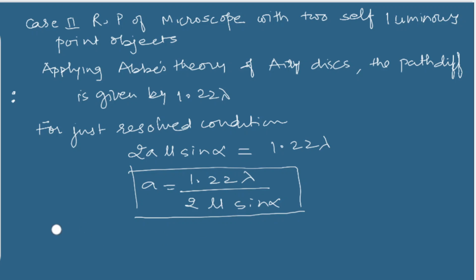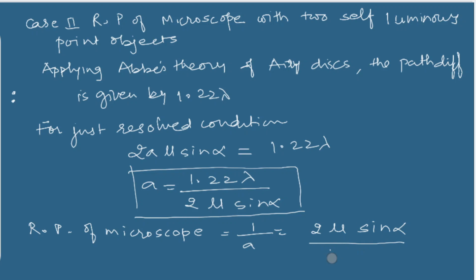This is the minimum distance we can find, but we know the resolving power by definition. Resolving power of microscope is the reciprocal of this. So whatever value you have, you take it upside down: 2 mu sine alpha divided by 1.22 lambda.